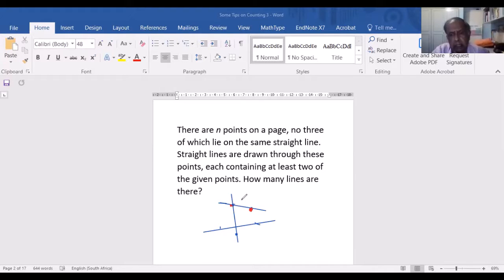And conversely, any particular line in this scheme would go through 2 chosen points, which means that the number of lines is equal to the number of ways in which 2 points can be chosen from the given set of points, and there are n of them. So now that leads to the interesting question: in how many ways can 2 points be chosen from n different points?